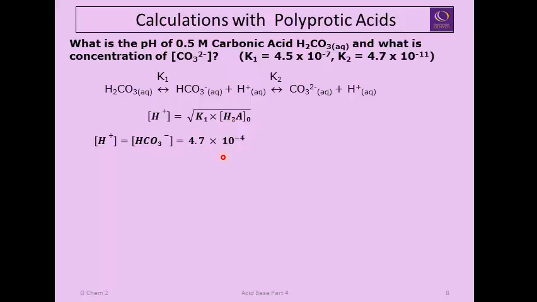You solve, you get 4.7 times 10 to the minus 4th. That, by the way, is also the hydrogen carbonate concentration. But if you solve for this, that gives you the proton concentration that determines the pH. You take the minus log of that, you get 3.3.